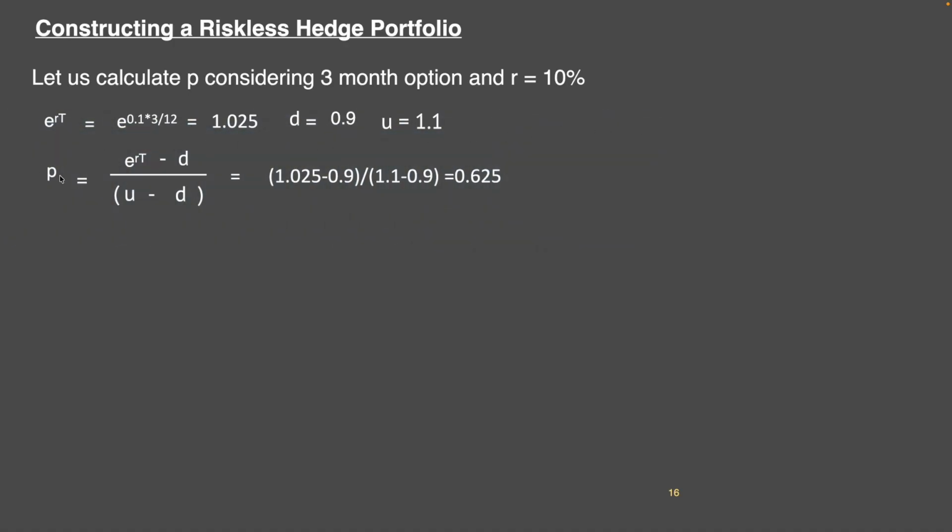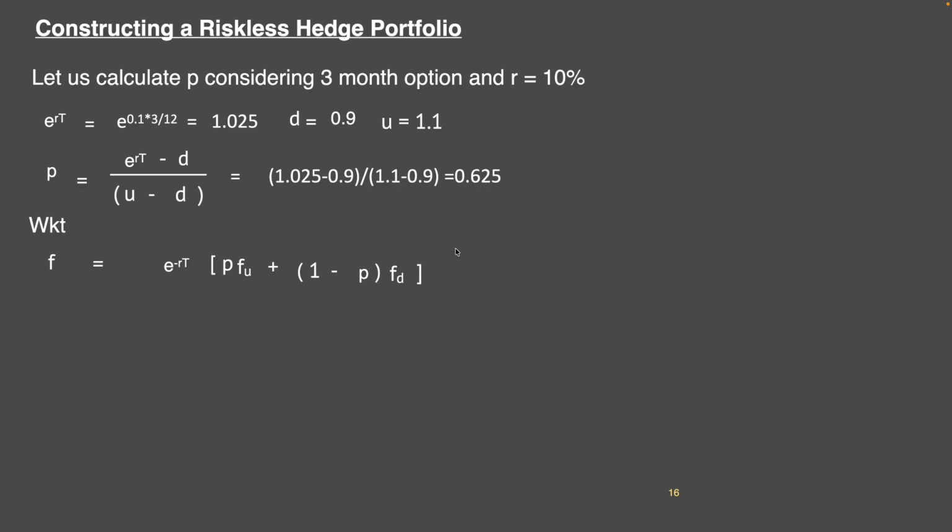The probability P is calculated using the formula e to the power of small r into capital T minus D, divided by U minus D, which gives P as 0.625. So the probability of an up move is 0.625 and the probability of the down move is 1 minus 0.625, which is 0.375. So what is the formula?